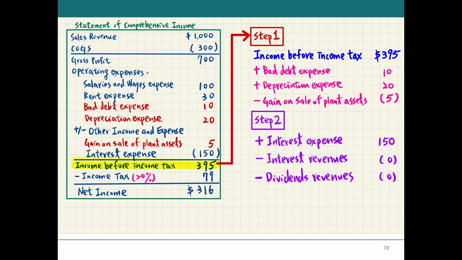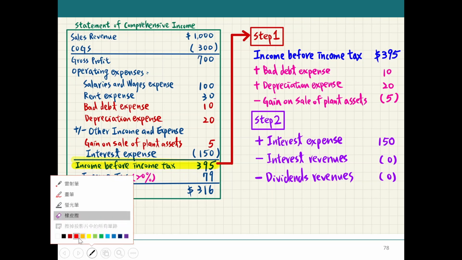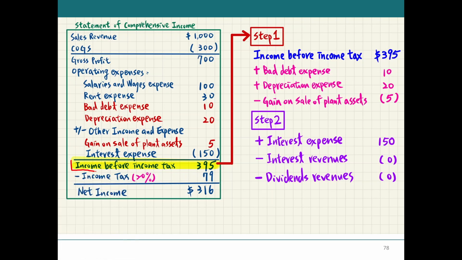So we talk about the first option right here: income before income tax. This one is our final number, 税前净利. This is our first option.